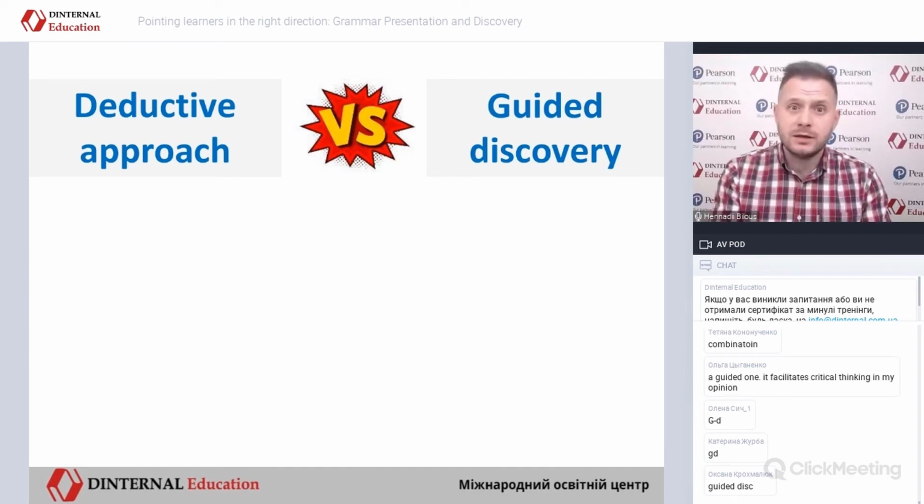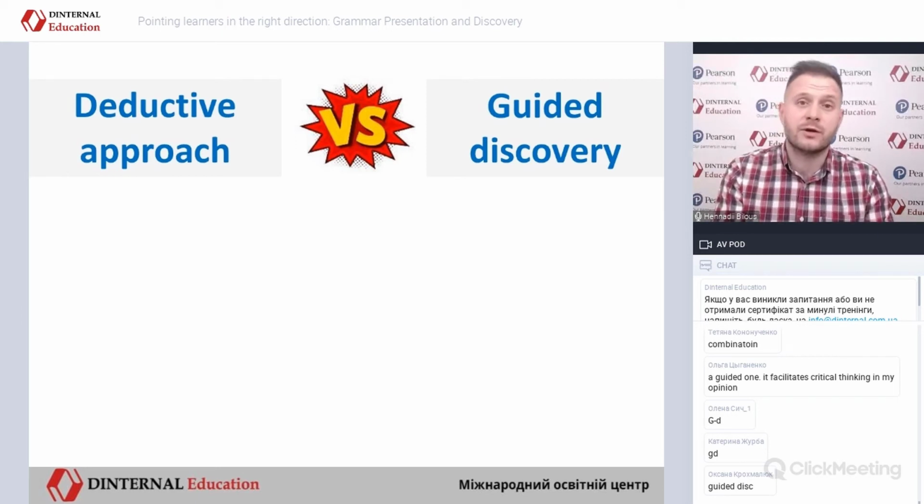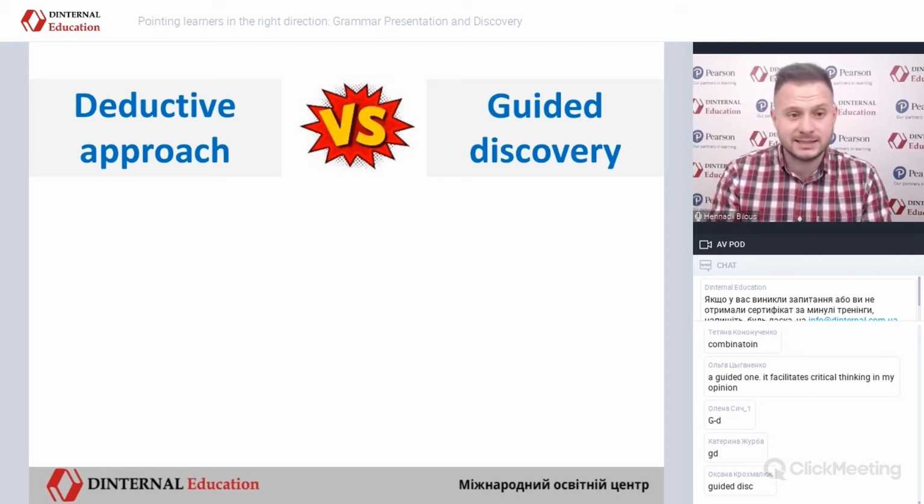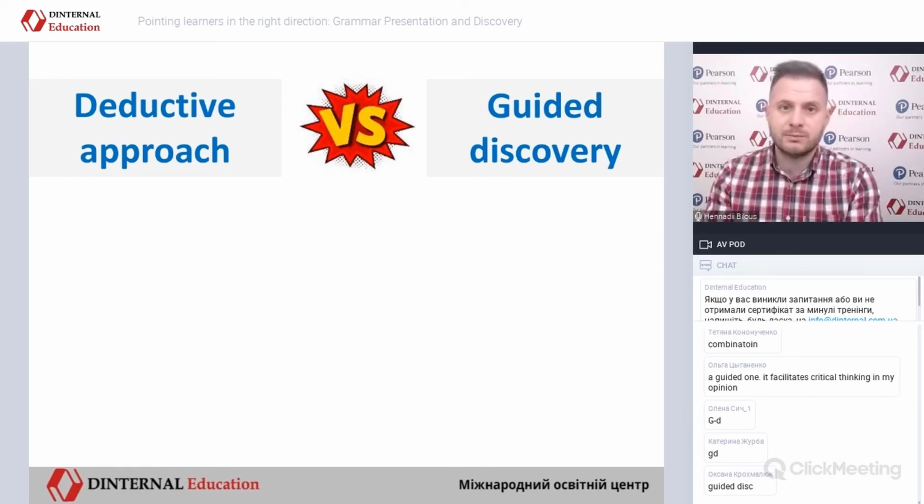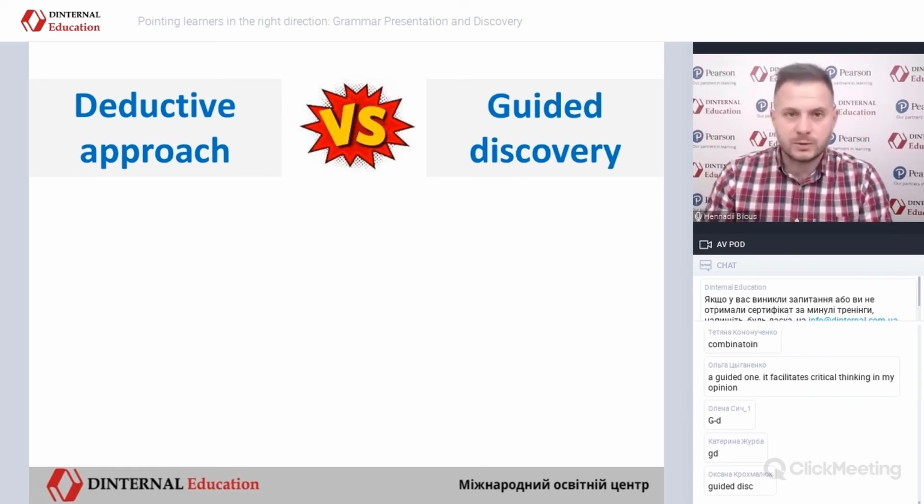In the main unit, you would have great samples of discovery approach. However, in the grammar reference at the end of the book, you would still have a deductive approach to teaching grammar, where there would be quite a lot of theory with some practice afterwards. So I think a good resource combines these two methods.